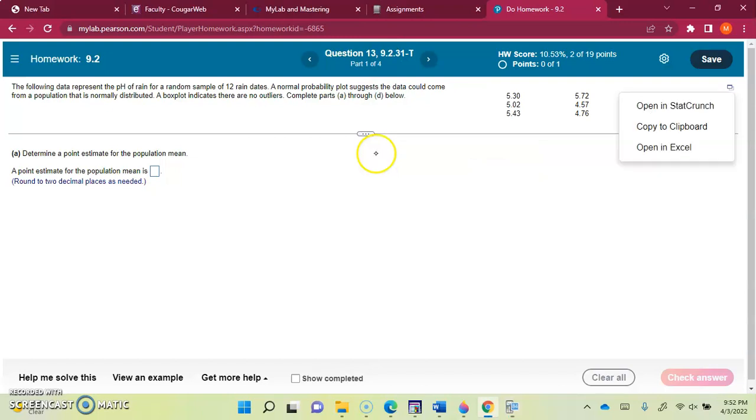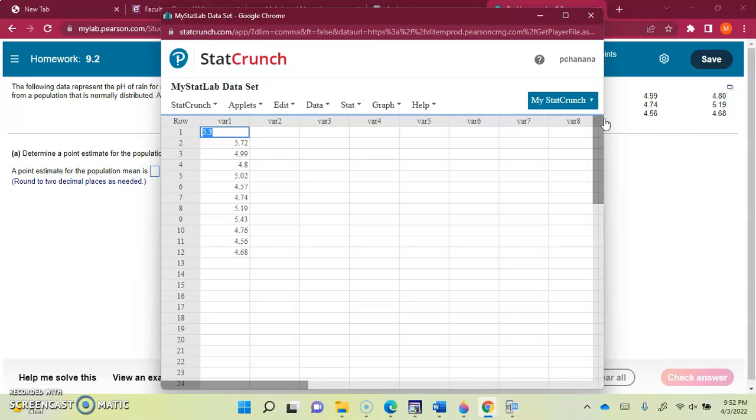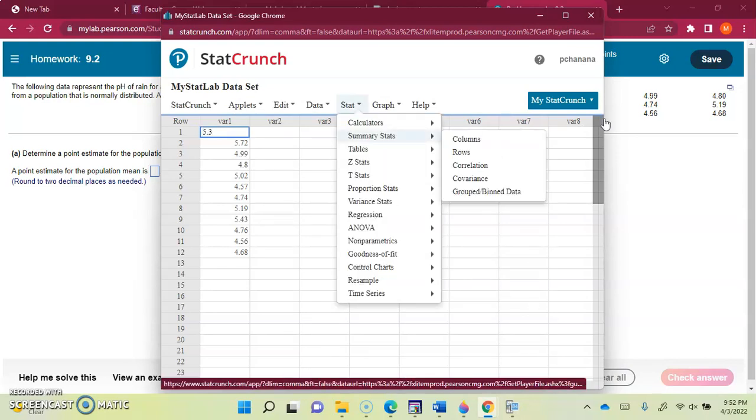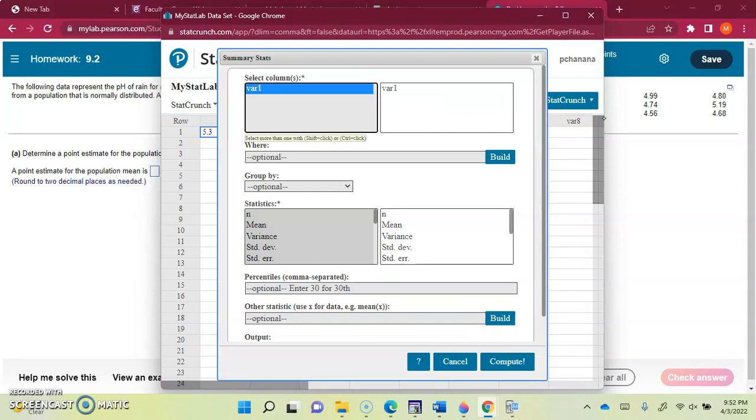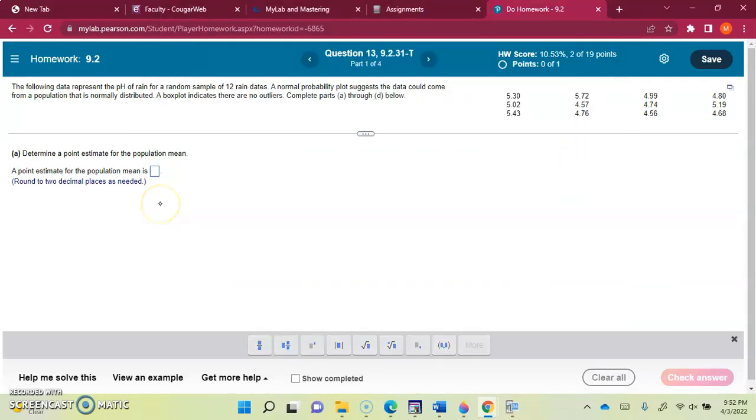Or if you want to use here in the StatCrunch, so in stats, summary stats, columns, we have this column and we want mean. That's the only thing we need. And mean is 4.98. So we are going to say that we need two decimal places. So this is 4.98.